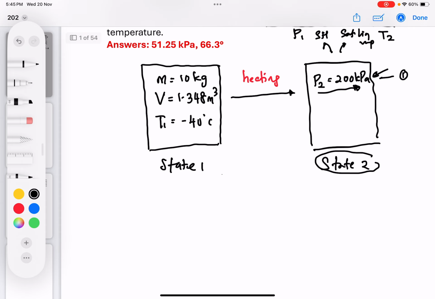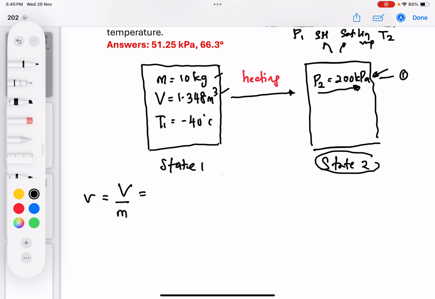So for this case, I'm going to start with state 1. For state 1, I have a mass and a volume. By using these 2 pieces of information, I should be able to calculate the specific volume. From the formulas, I know that specific volume equals volume divided by mass.